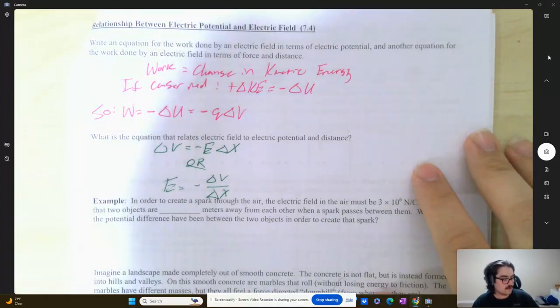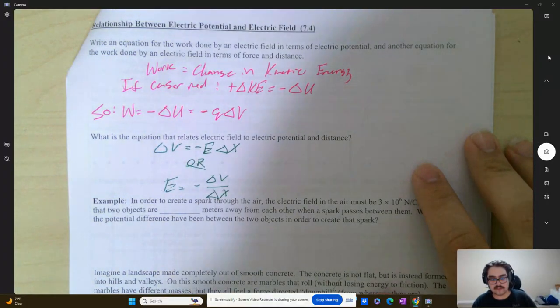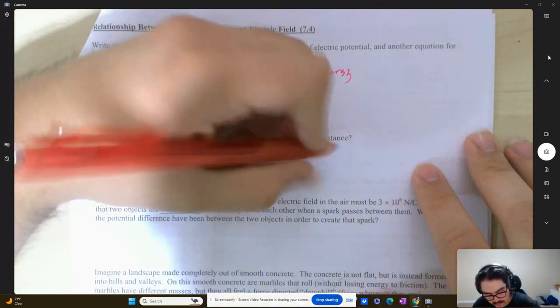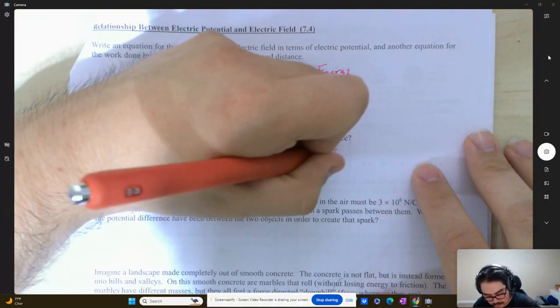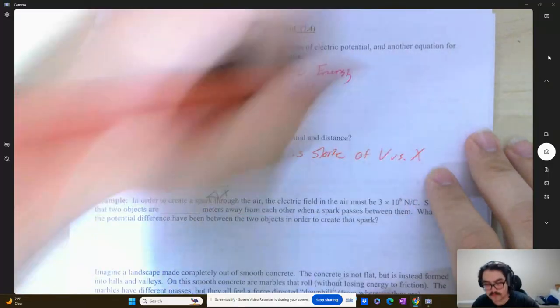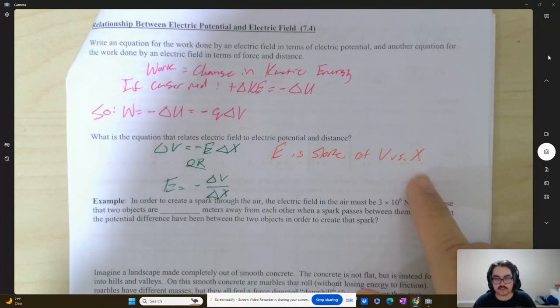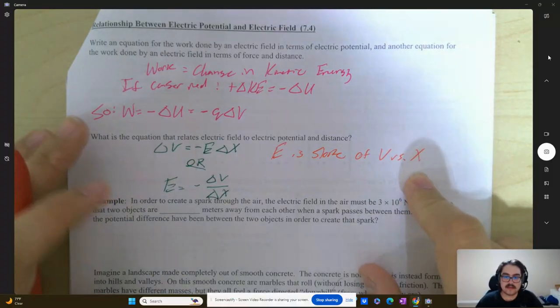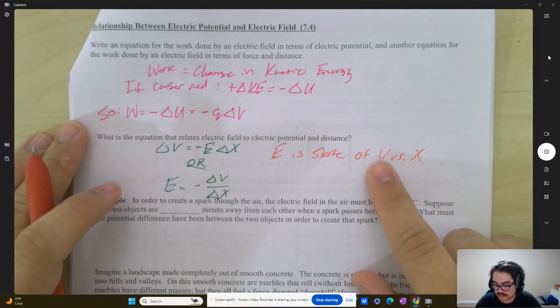We've talked about this in the previous section: the electric field is the slope of V versus x. So if you have a potential versus position graph, you can take the slope of that to get the electric field.